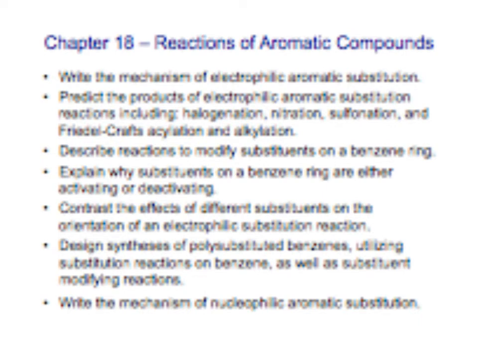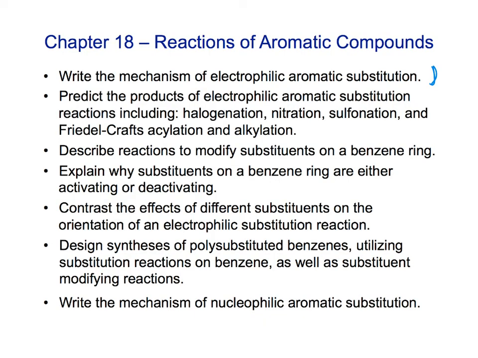So here are the learning objectives. We're going to look at the generic mechanism first, and then we're going to learn how to add, I think, 5 different groups. Once we've done that, we're going to take a little break. I'm going to do this slightly out of order from what the text has.